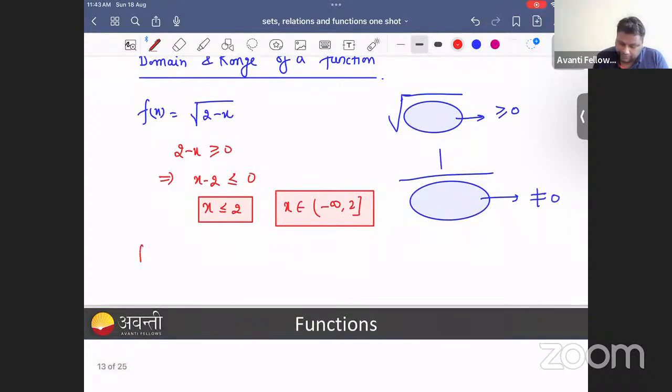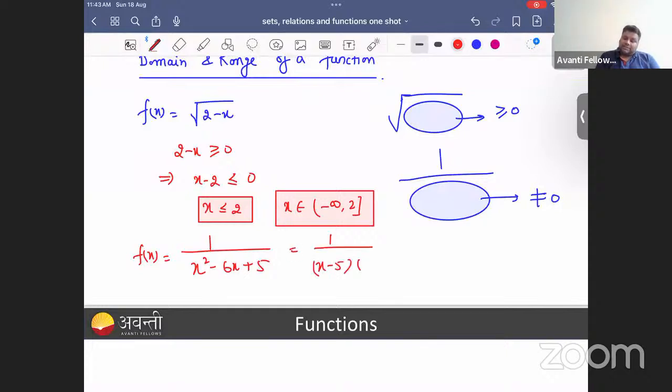Now, if I give you another function, 1 upon (x square minus 6x plus 5). See, what can I write it as? 1 upon (x minus 5)(x minus 1). So domain of this function will be what? Everything except those points where the denominator is 0.